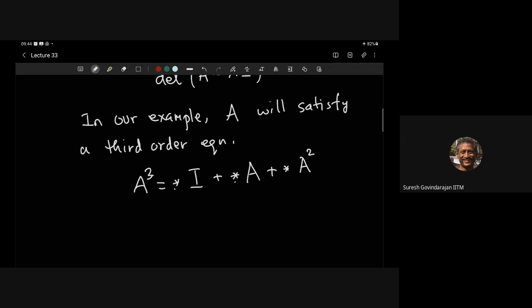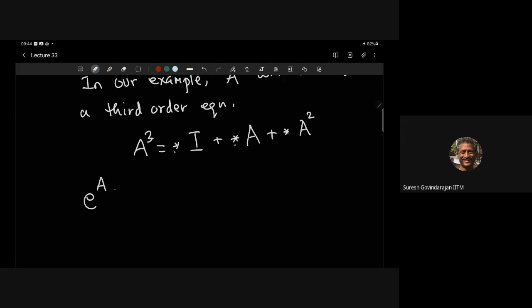Is this clear? This is what will happen. Does this make sense? Yes. Okay. So e power A will now be something more complicated times identity plus something else times A plus something else times A square. So we can work out these arbitrary guys and see how we can write this in closed form.